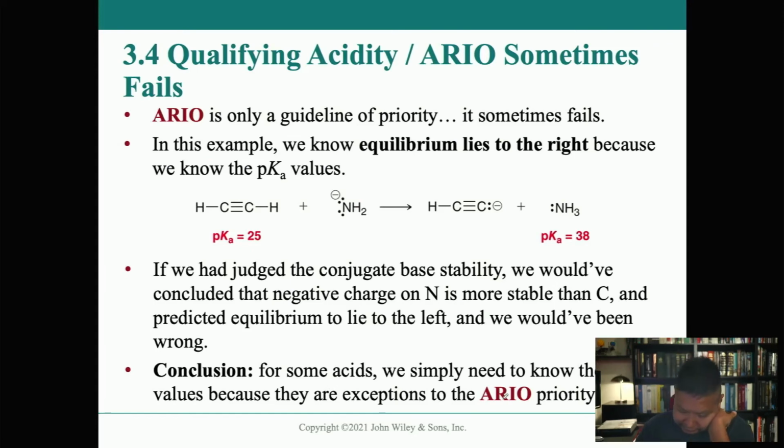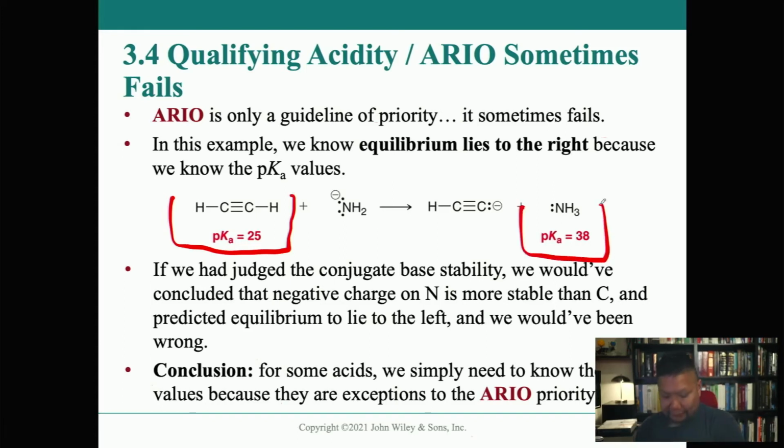But then, here's a case where it fails. We have here a pKa of 25 for the acetylene, right? And then we have here a pKa of 38 for the ammonia, right? And when we use REO, nitrogen here is actually the more electronegative atom, right?